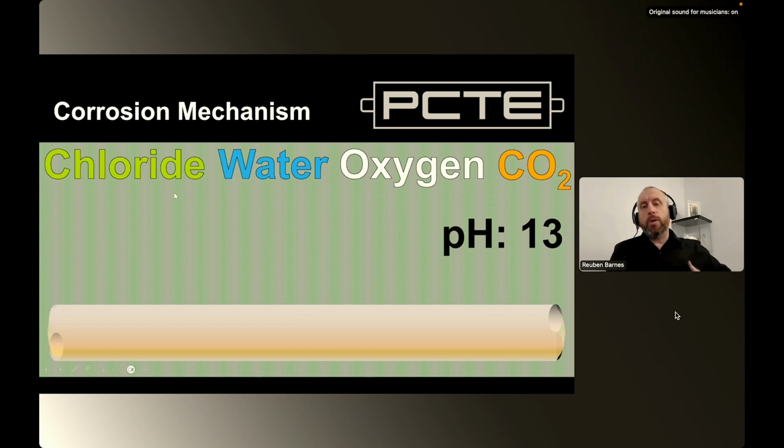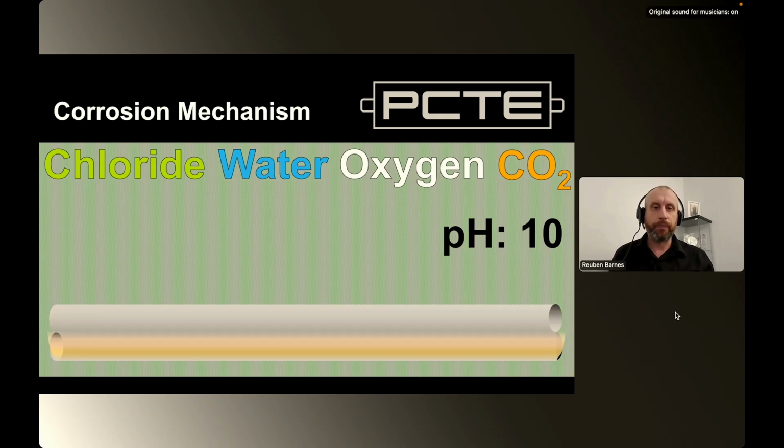That can happen with the chlorides or the carbonation. The effect of the chlorides is removing the passive layer. With the carbonation front, as it reaches the steel, it draws the pH down and makes it more acidic, and then our passive layer tends to disappear at that point.